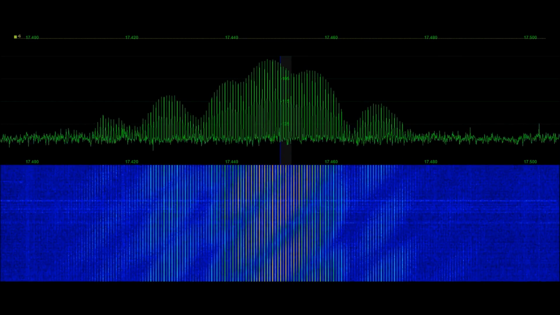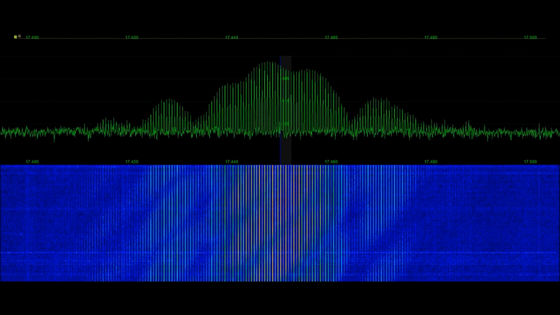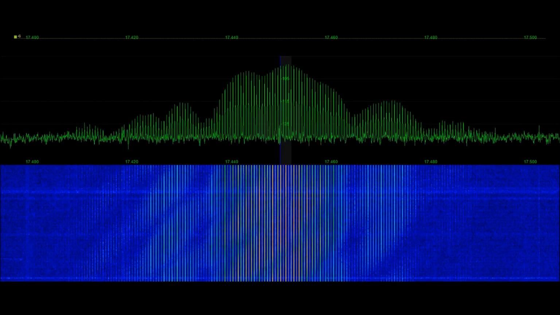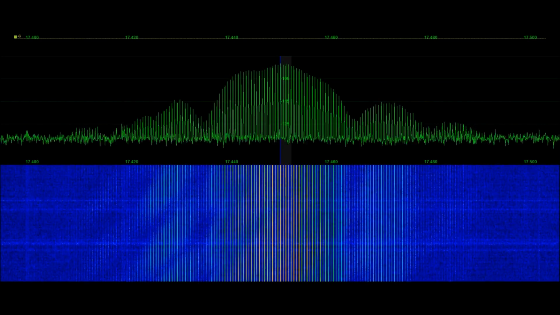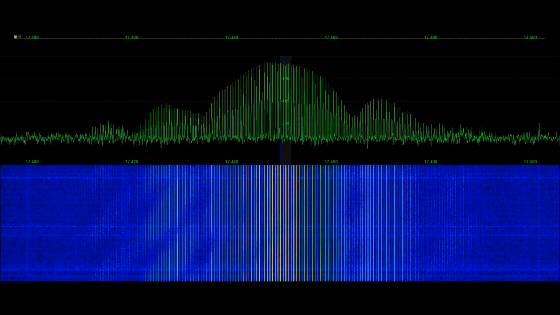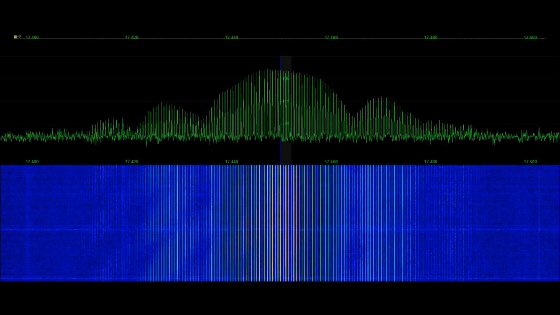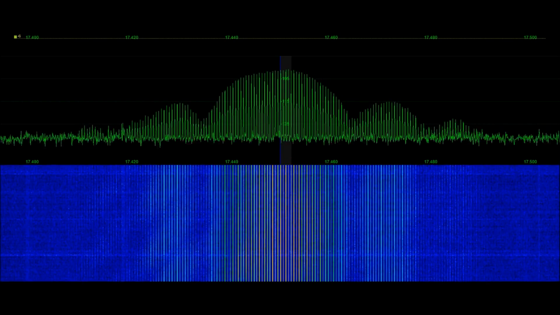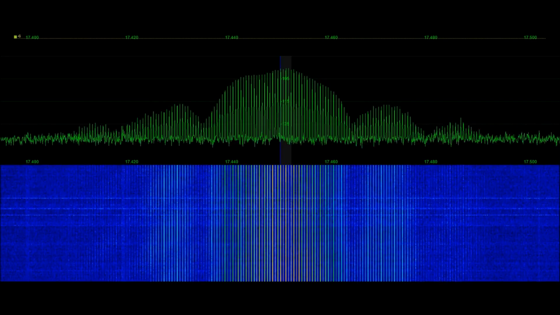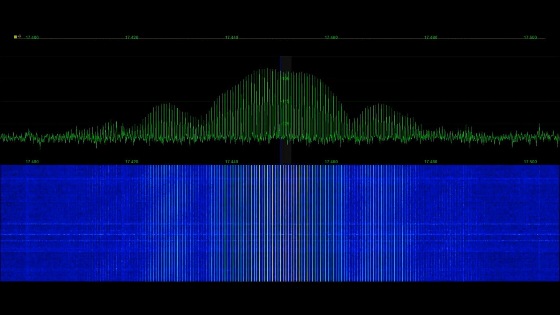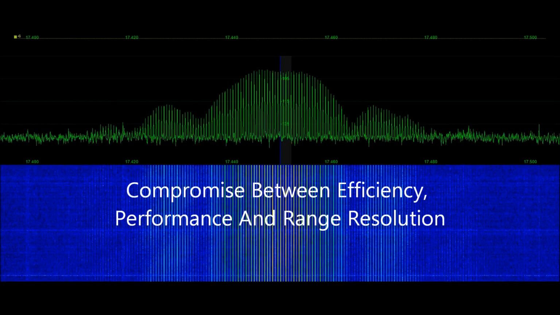It usually is a process in which the edges of the signal, or these individual carriers, are gently rolled off, thereby reducing the amount of energy in the sidebands and putting more energy into the main fundamental lobe. But when this technique is implemented, it has one significant drawback. There's a big trade-off between range resolution and efficiency.